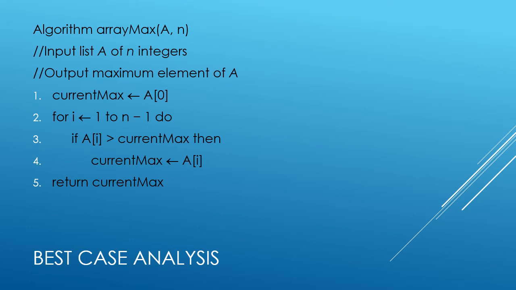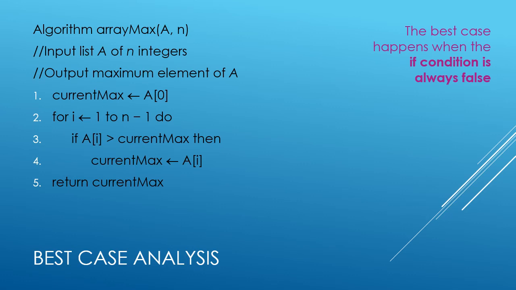So this means that the best case would happen when, for any input, the condition of the if is always false. This will guarantee that I never move into the body of the if. This is the case when I will do the least number of operations. This is the best case.